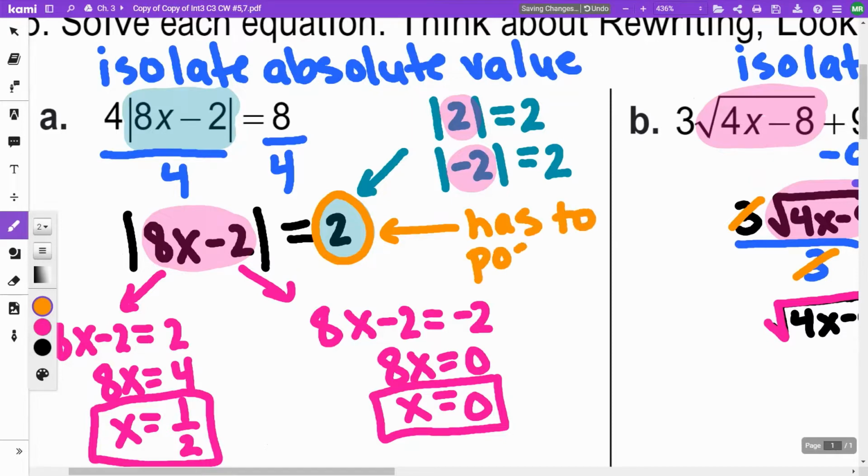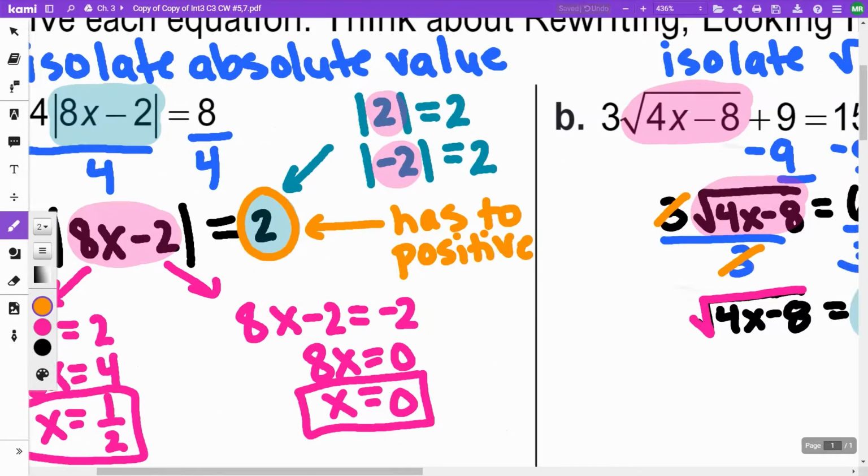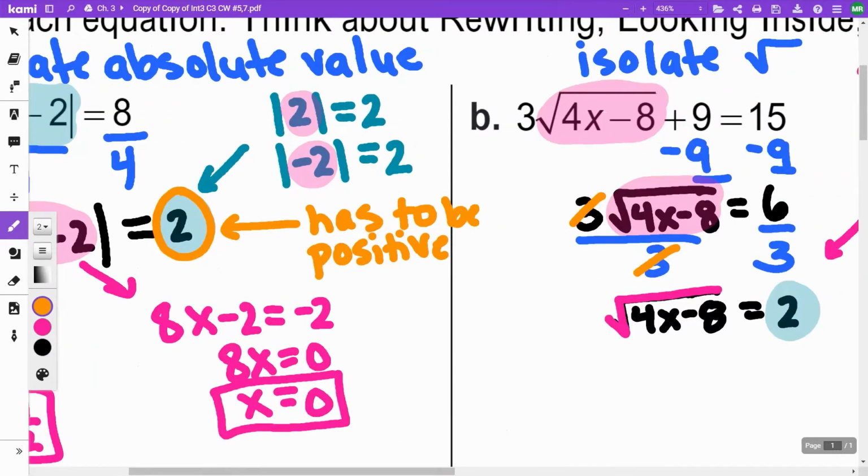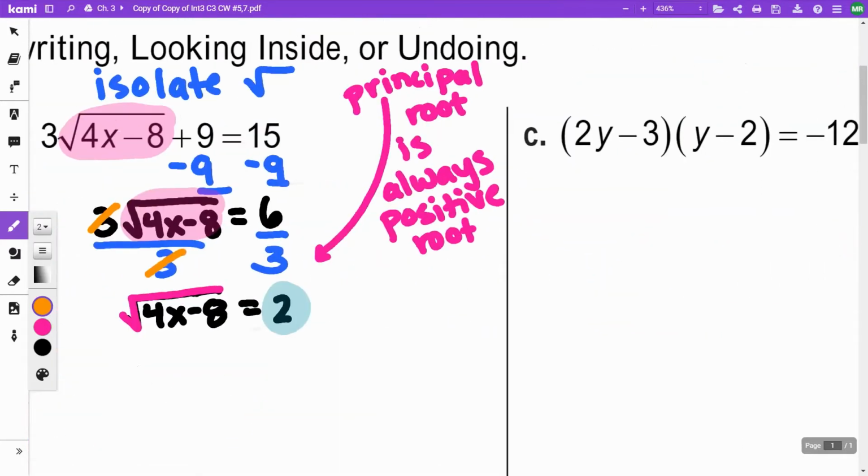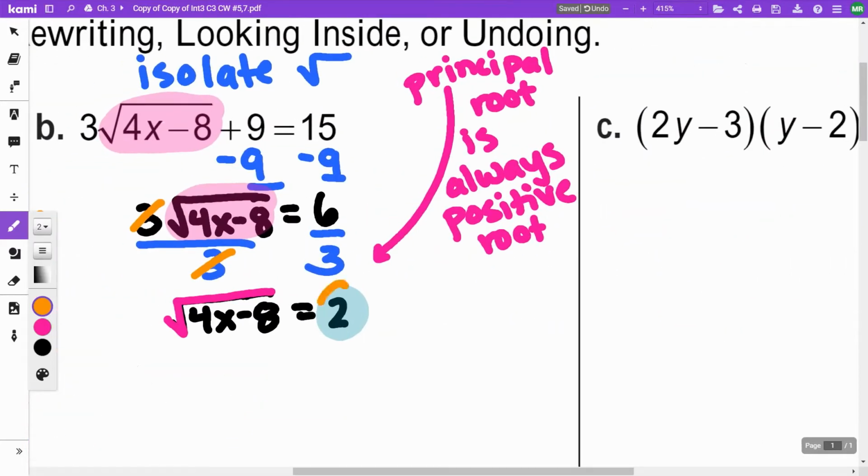If it's not a positive, and it happened to be like a negative 2 that was outside of this absolute value that I needed it to equal, it would be no solution. So over here, I check it is a positive, so now I can work it out.